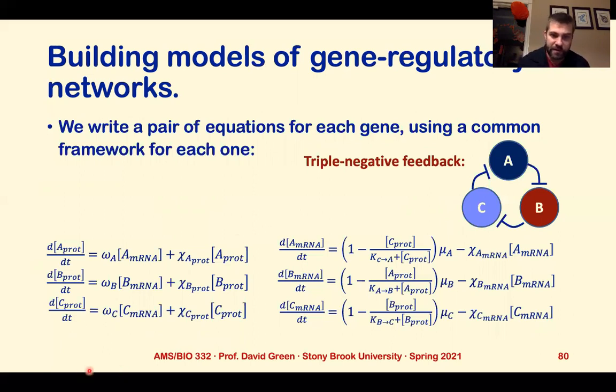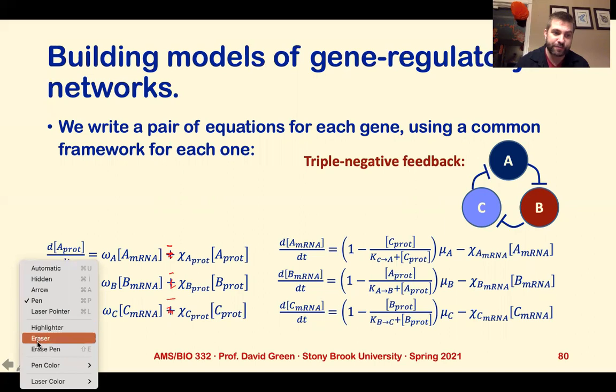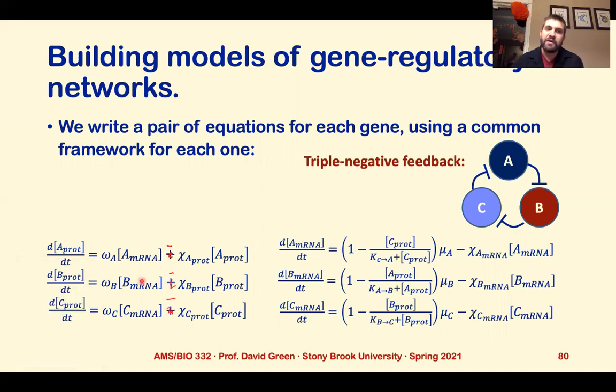Sorry, there is a kind of important little typo that I just noticed here. These all should be negatives, not positives, because we need a synthesis term and a degradation term. With that correction, for each of the protein terms, A, B, and C, each has a synthesis term, and the synthesis term is always dependent on the concentration of RNA for the same species.